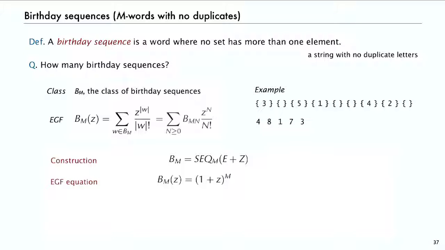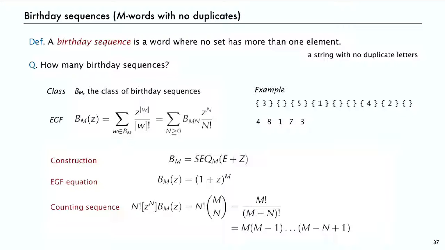So that means the EGF of birthday sequences is just (1 + z)^m. And the counting sequence is n factorial times the coefficient of z^n in that, which is m times m minus 1 and so forth.